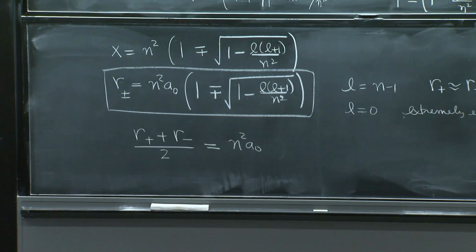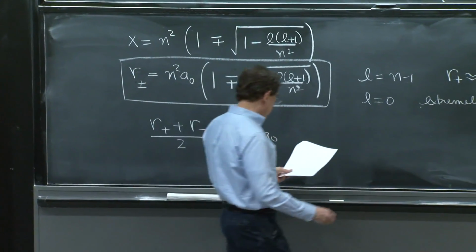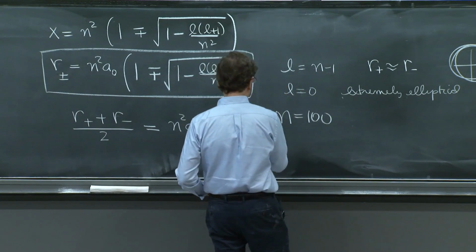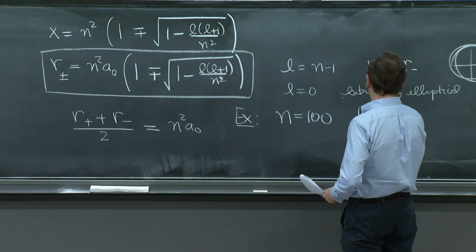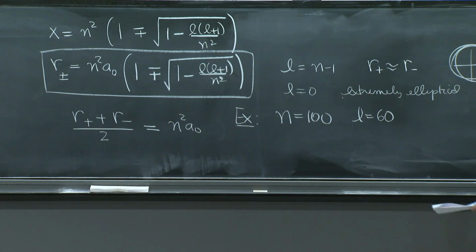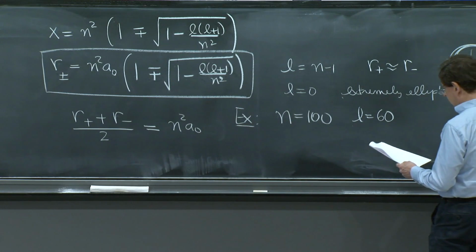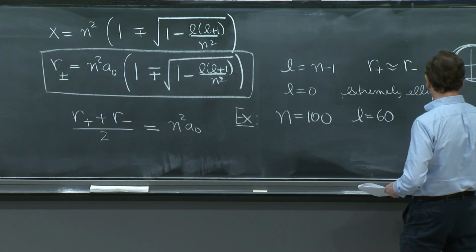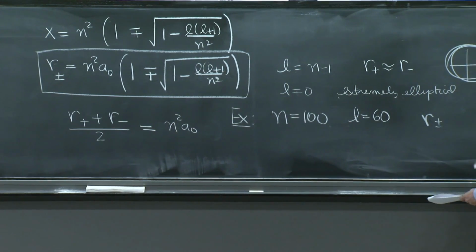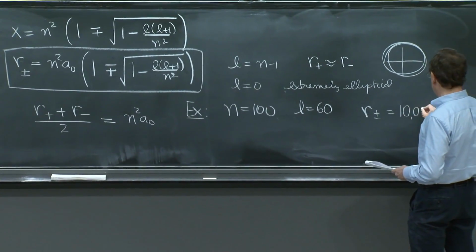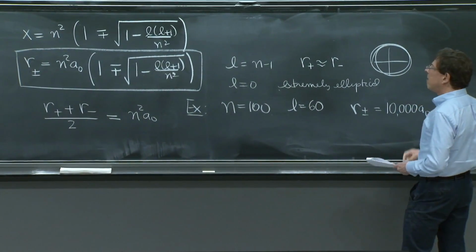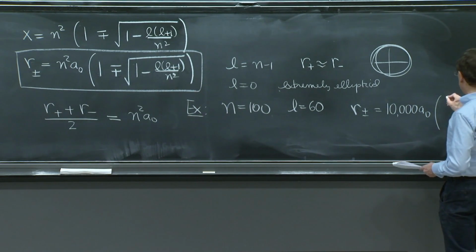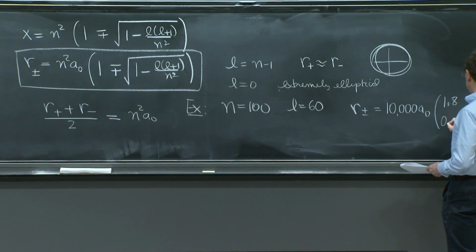So a typical Rydberg atom will have n equal 100. So this is an example. n equal 100, L equals 60, in which case the R plus minus for n equal 100 is equal to 10,000 a0, n squared a0, times this factor, which in one case is 1.8, and in the other case is 0.2.